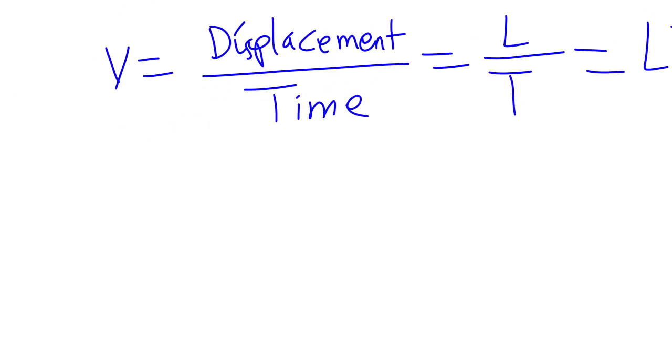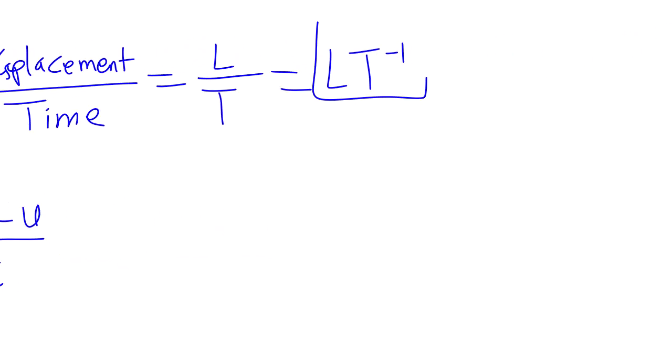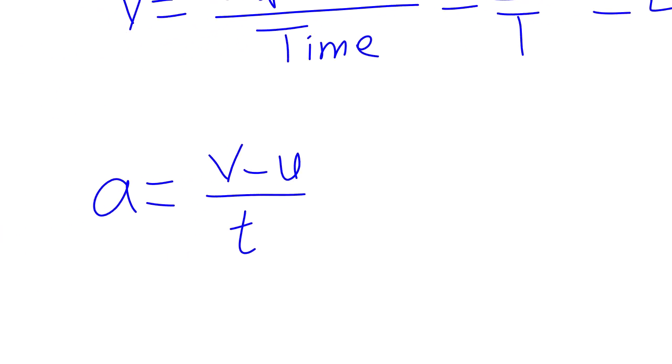Let's do acceleration, which is a equal to v minus u all over time. We have the dimension of velocity. We said velocity has a dimension of L T raised to the power of minus 1. Now V minus U, don't be confused here, the answer will always be in velocity.